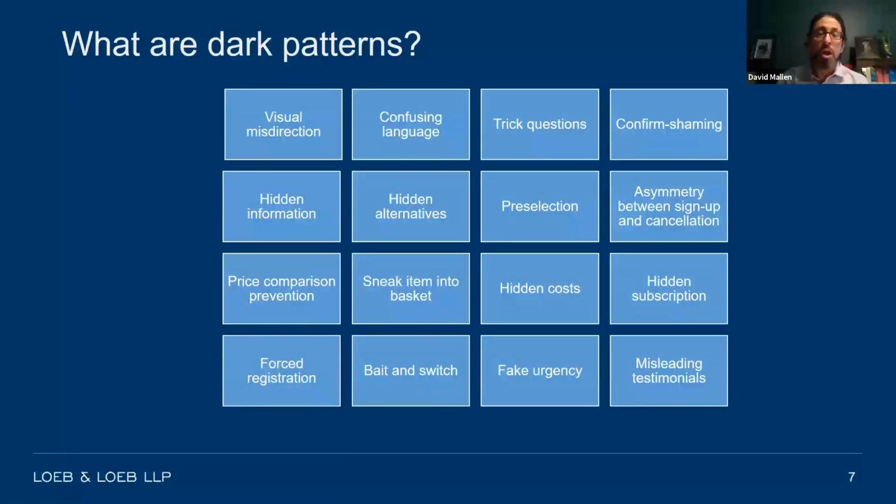So some of the kinds of categories and behaviors that constitute dark patterns, we'll cover some of these and we'll show examples of some of these. Visual misdirection, getting consumers to not focus on perhaps some important material disclosures.